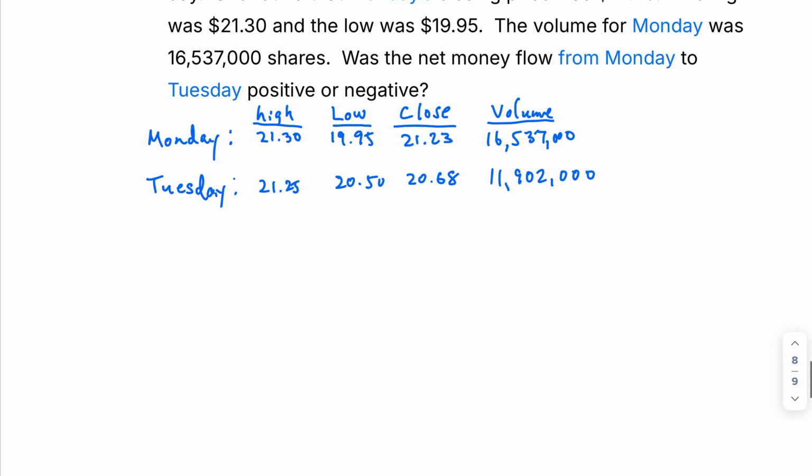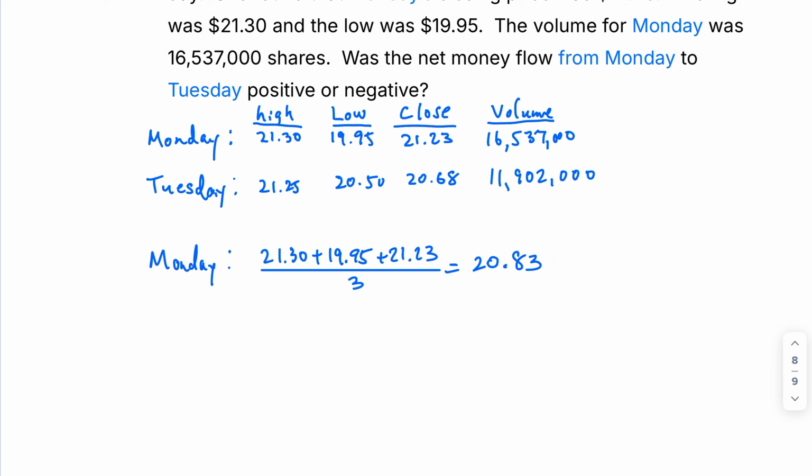What we're going to do is calculate the money flow for Monday and then also for Tuesday. The first thing we're going to do is find the average of these three numbers. So for Monday, we have 21.30 plus 19.95 plus 21.23. We're going to take the average of those three, and that's going to give us $20.83.